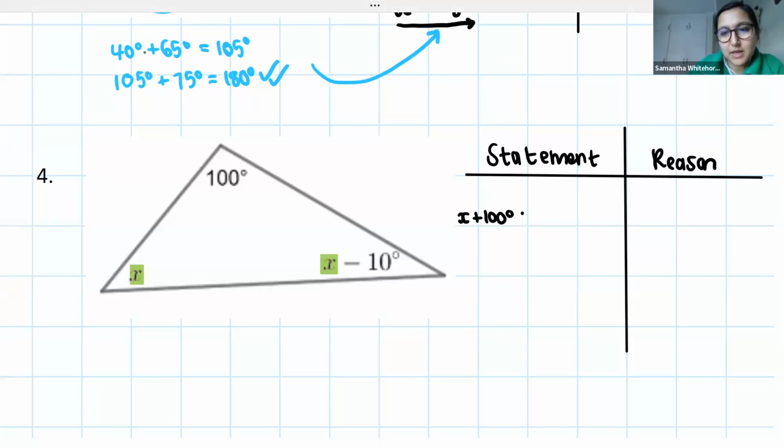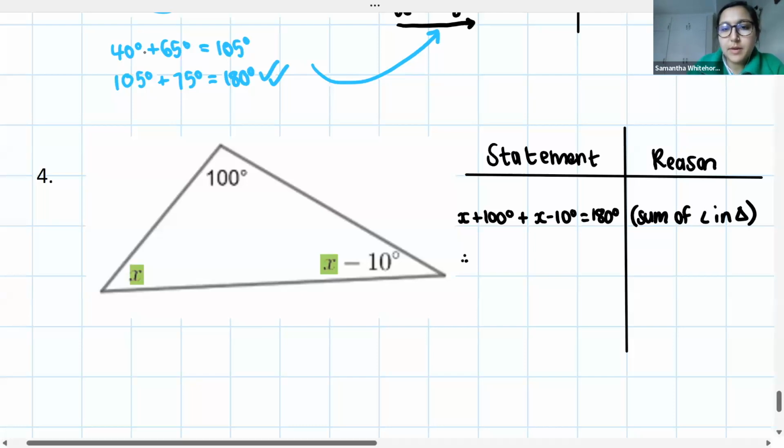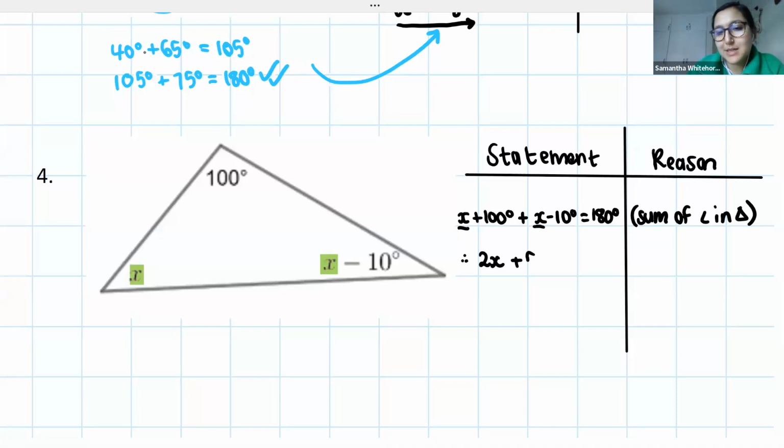So x plus 100 plus x minus 10 must give me 180 degrees because of the sum of angles in a triangle. Remember, like terms: the x's are like terms, so 2x, and then 100 minus 10 is plus 90, so 2x plus 90 equals 180.